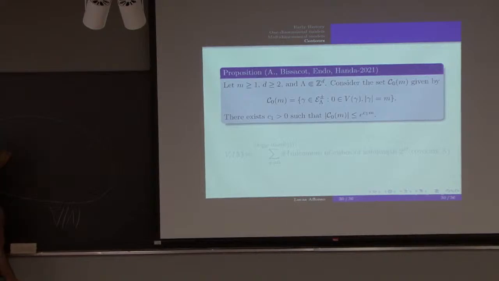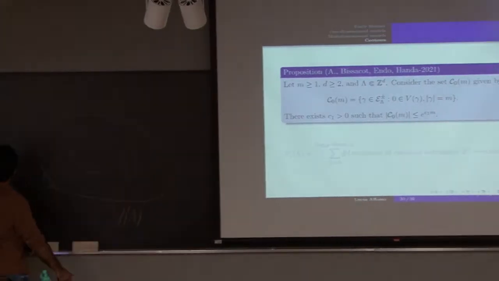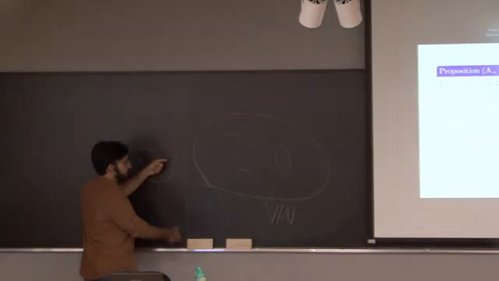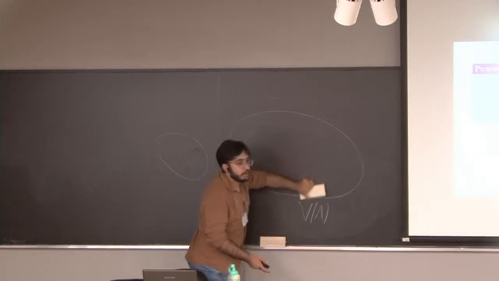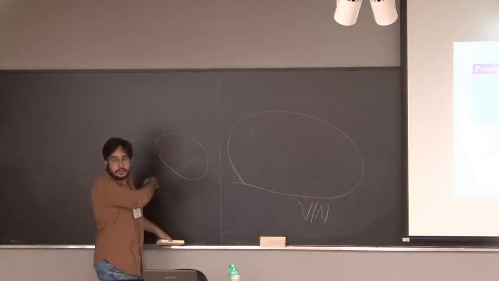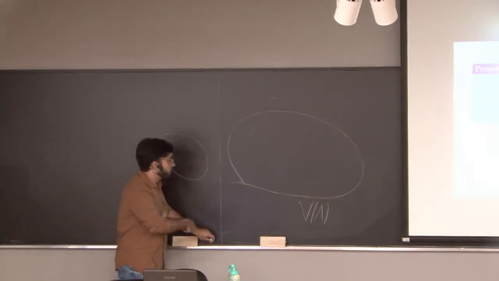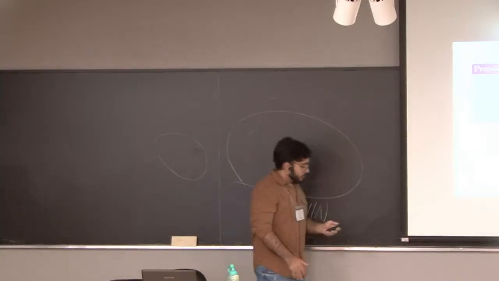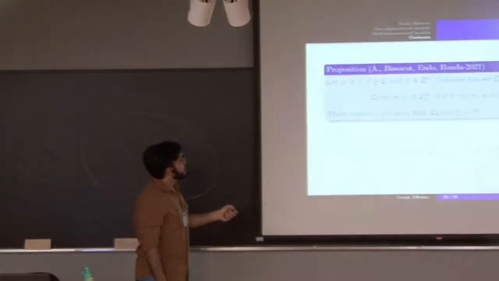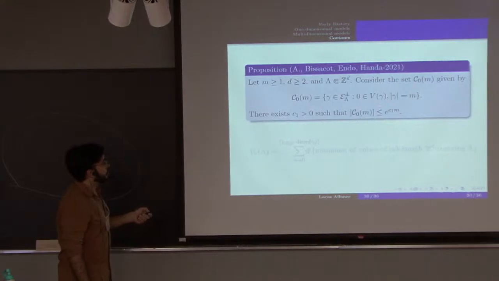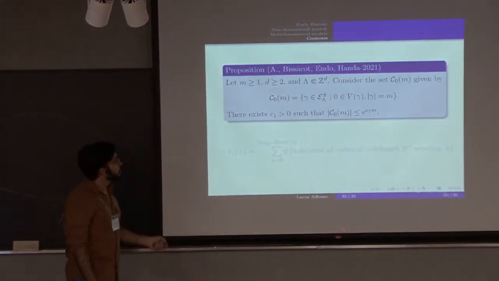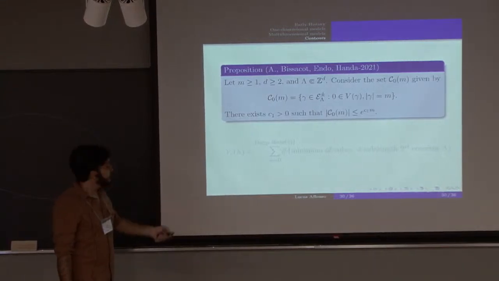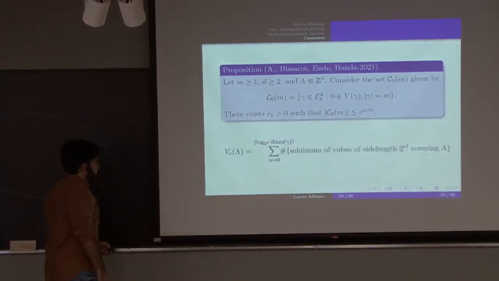And of course, if you have, let's say, 2 connected components, the volume may be non-connected, but it is a union of simply connected sets, so there are no holes in the volume. If you try to count the contours coming from that construction, where 0 is in the volume and the size of the support is equal to m, you can actually get an exponential bound. The idea is quite simple.